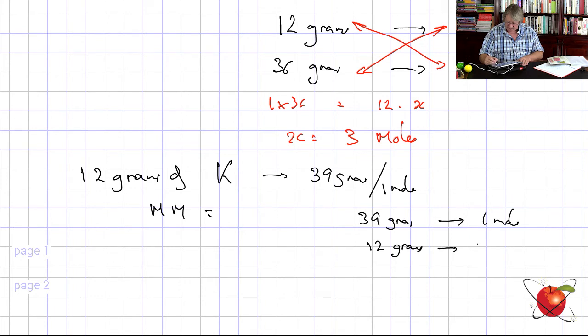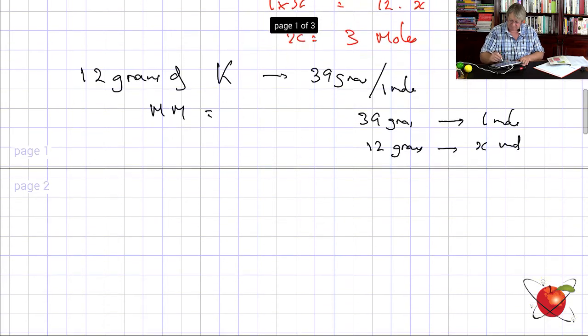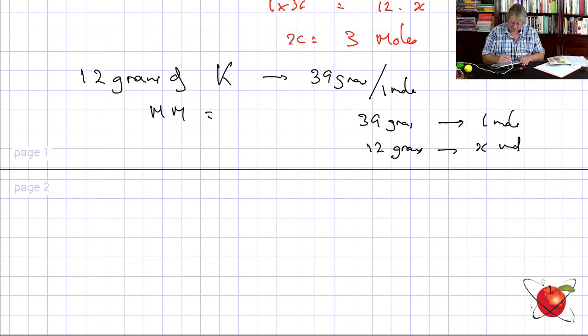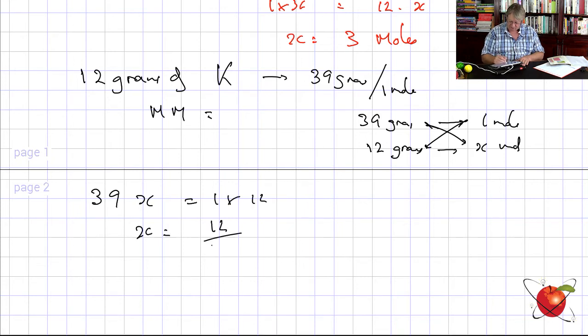Therefore, X is the missing moles. Cross multiply. On the cross multiplication, 39 times X is equal to 1 times 12. Therefore, X is equal to 12 over 39.